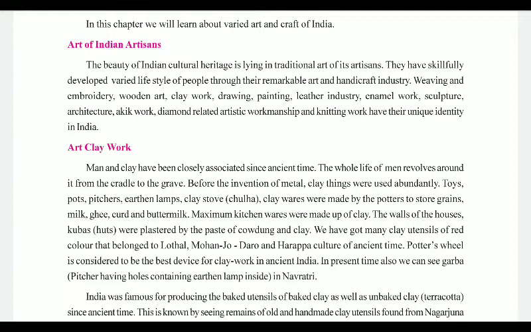In the present time, we can also see a garba pitcher having holes and containing an earthen lamp inside during Navratri. So our artists knew many different types of work: wooden art, clay work, drawing, painting, and the most important was clay work, using clay to make many varieties of things. And we do have evidence that colored pottery was also found in certain places like Lothal and Mohenjo-daro.